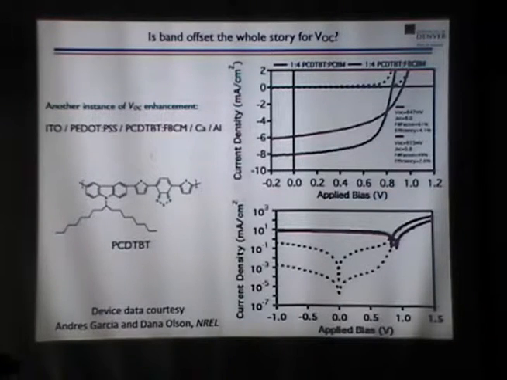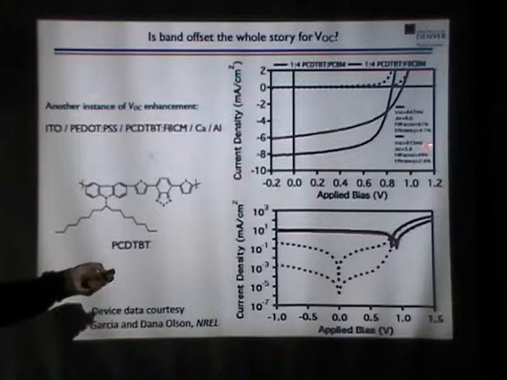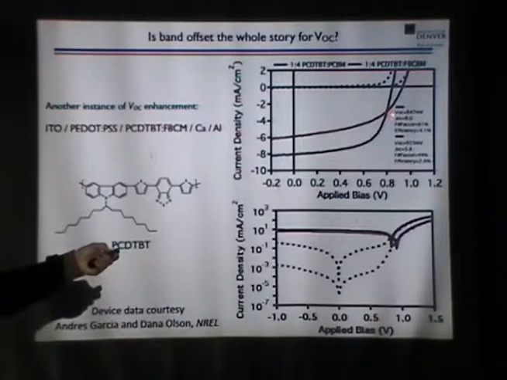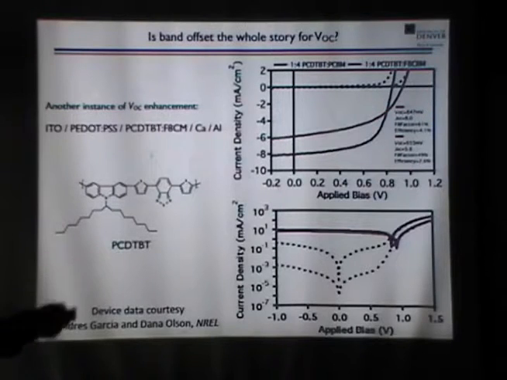But if we compare the FCBM with the PCBM, for the FCBM we get 930 millivolts, for the PCBM we get 850 millivolts, so we get an extra 80 millivolts, even a bigger increase than we saw before with the P3HT. So it's not specific to a given polymer, it happens for a whole variety of polymers, a very general phenomenon.